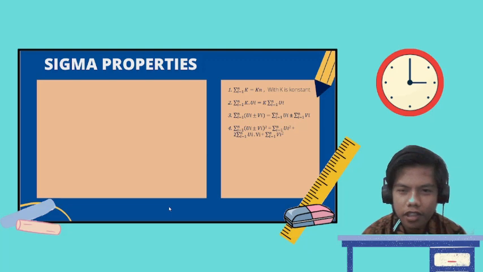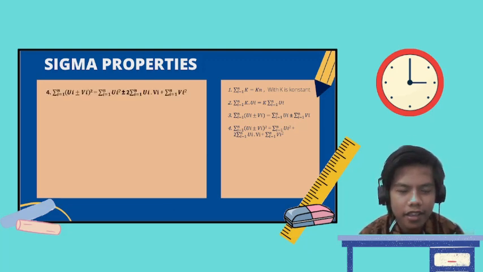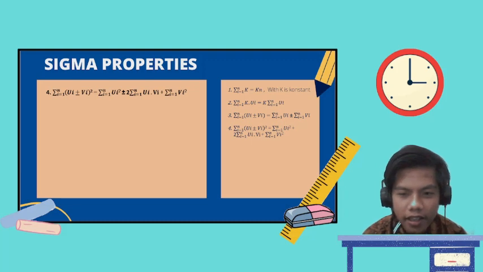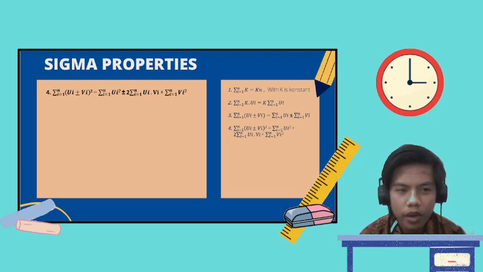Next is the fourth property. It says sigma i equals 1 to n of (ui plus or minus vi) squared equals sigma i equals 1 to n of ui squared plus or minus 2 times sigma i equals 1 to n of ui times vi plus sigma i equals 1 to n of vi squared.